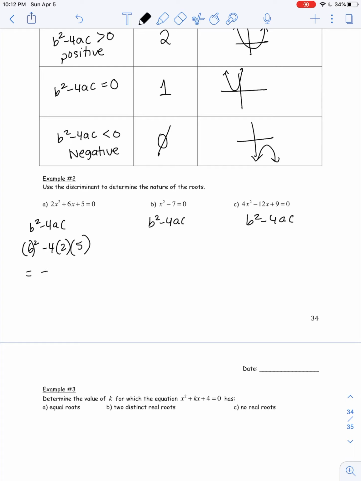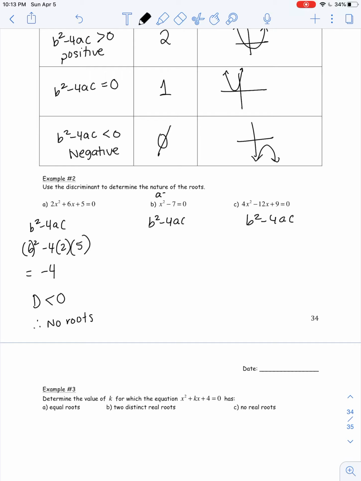If you put that into your calculator, you should get that that is negative 4. So that's 36 minus 40. By getting negative 4, we know that the discriminant is less than 0, meaning it's negative. So that means there are no roots, meaning no solutions.